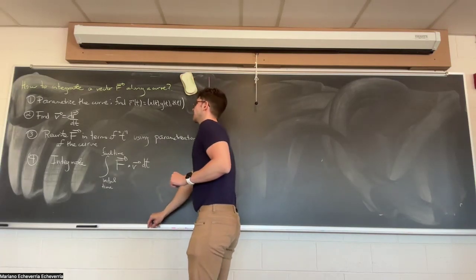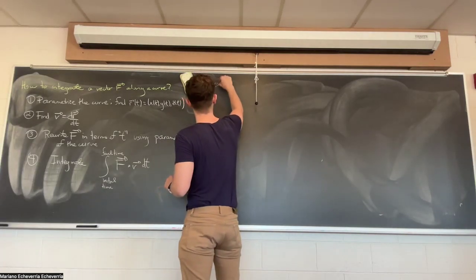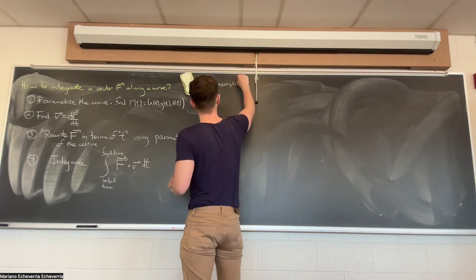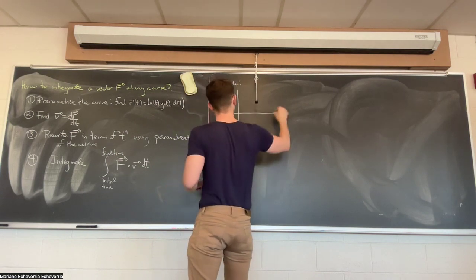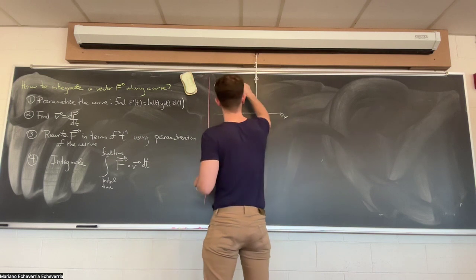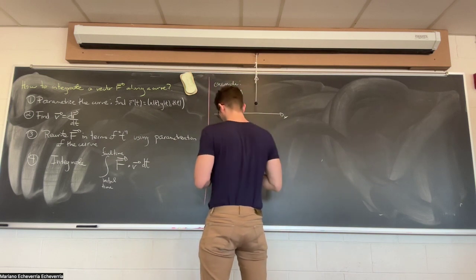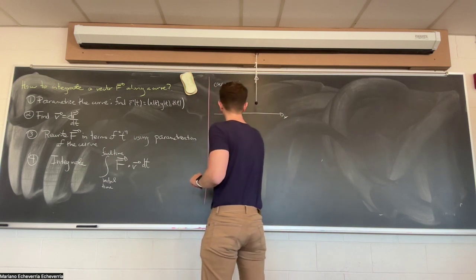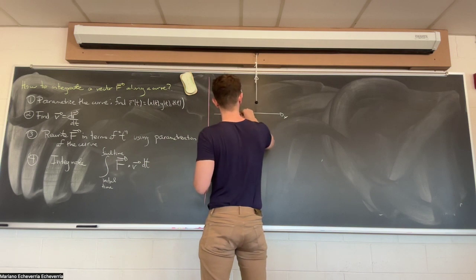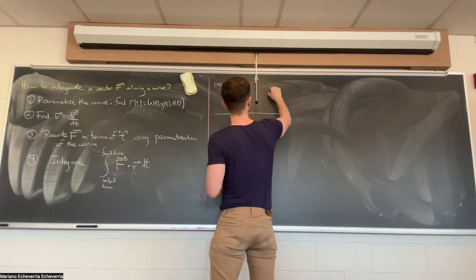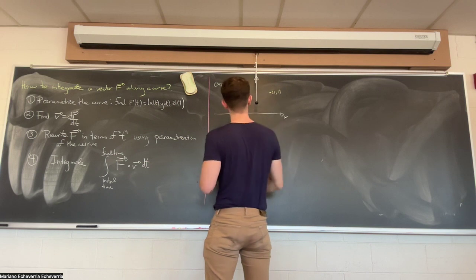Let's say you have two points on the plane, (1, 1) and (0, 0).